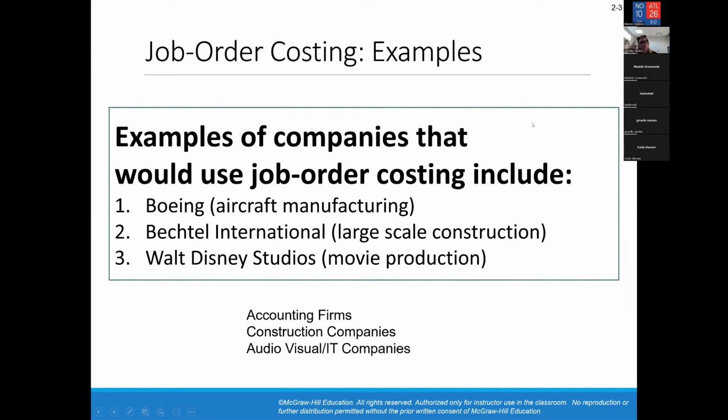Examples would be a big aircraft, an airplane, possibly a construction company. A construction company would have a particular job with lots of aspects to the construction job itself. Maybe there are different build outs in different rooms and different types of equipment and different materials.